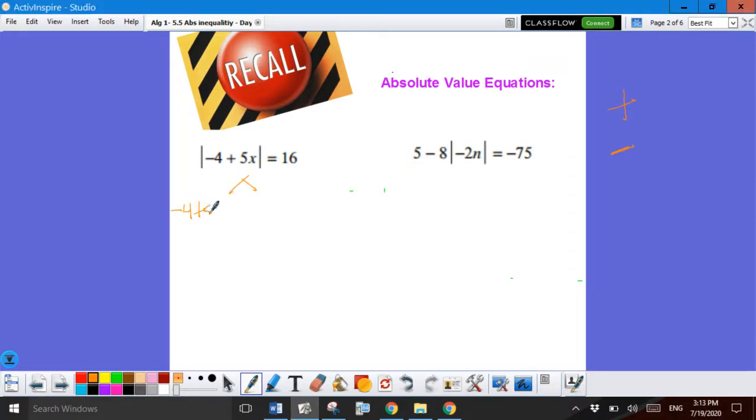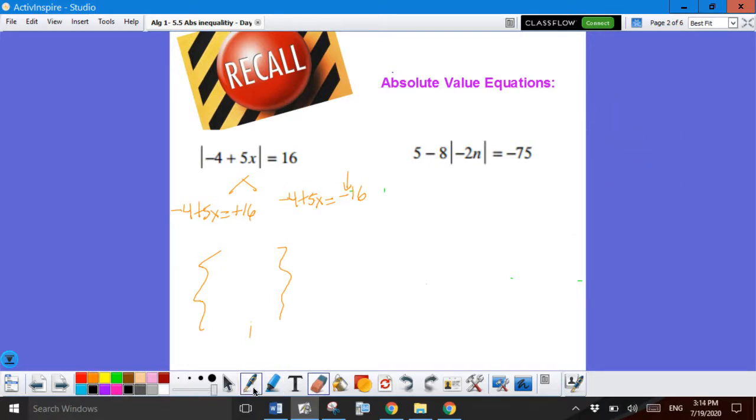If I was to solve it, option 1, the positive side, would be negative 4 plus 5x equals positive 16, and the other one would be negative 4 plus 5x equals negative 16. So that was what I had to remember. And then I wrote my solutions in solution sets, which were from small to big in these fancy brackets, okay?